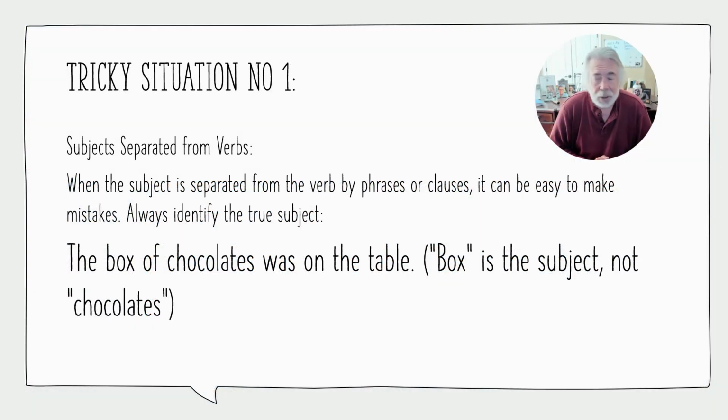Okay, so this first one, probably two-thirds of all English speakers mess this up. So maybe we should just change the grammar, but that's not my job. I don't get to do that. But here's the deal.